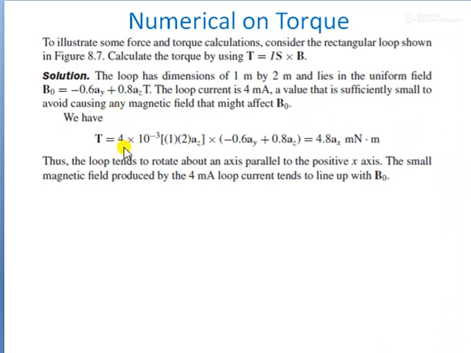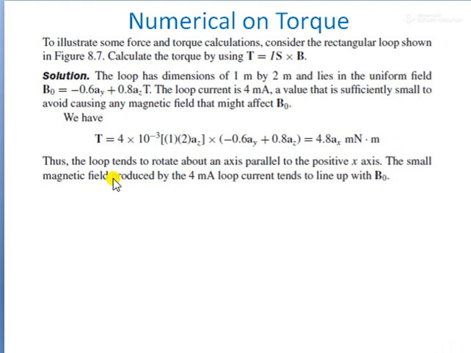So we have T is equal to I S, and the surface is 1 cross 2 into az cross B0. So that will give us 4.8 ax milli newton meter. Thus the loop tends to rotate about an axis parallel to the positive x axis.